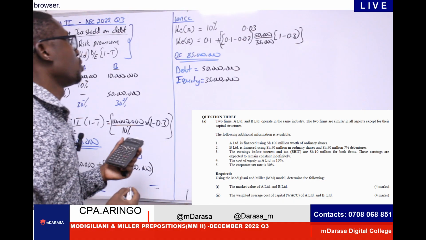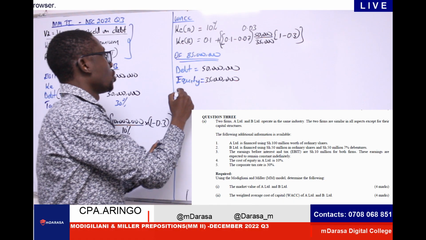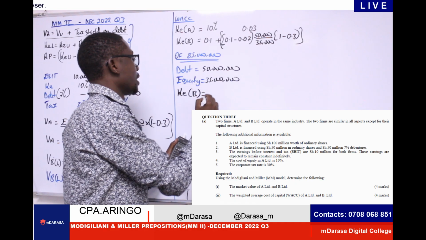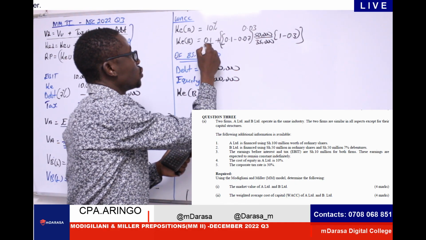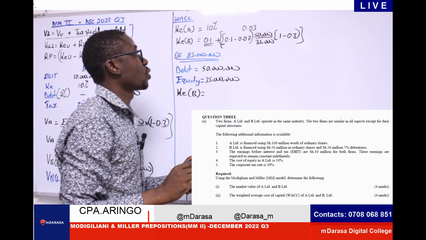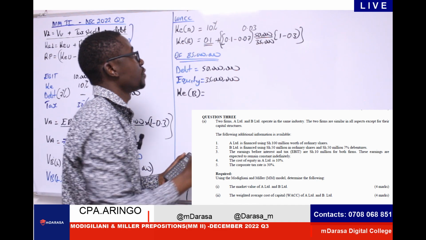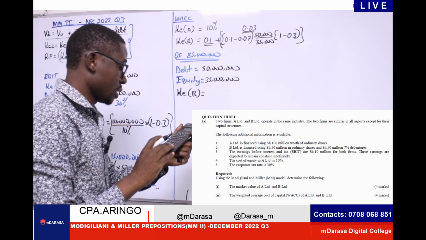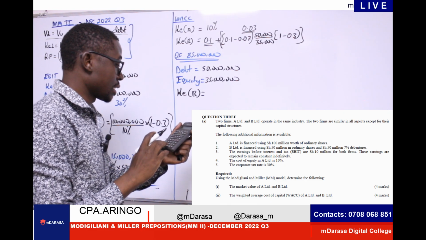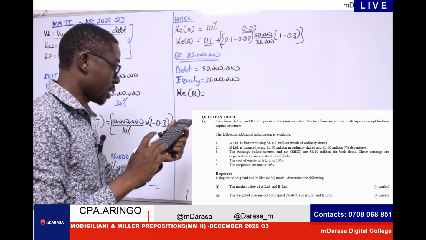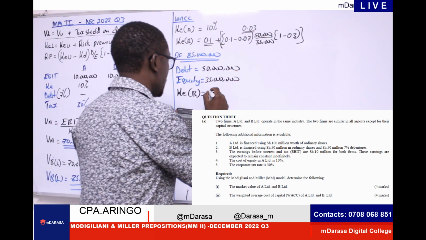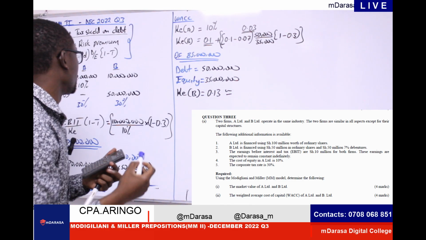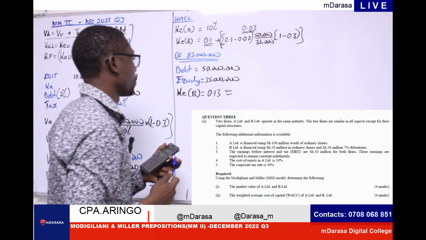So therefore, taking my cost of equity of the levered, I should be having 0.1, the one that we had for cost of equity for unlevered, plus the risk premium here, which is 0.03. So my answer, 0.1 plus 0.03, I'm getting 0.13, which if I told you to translate it, this should give us a value of 13%.